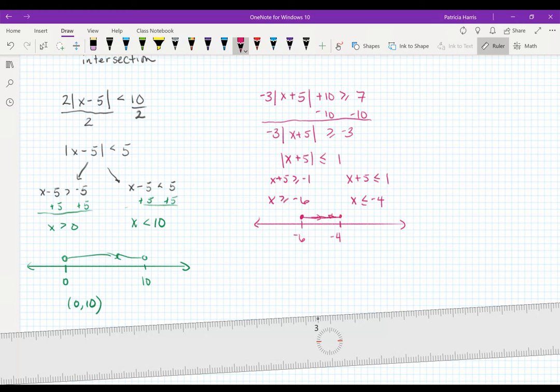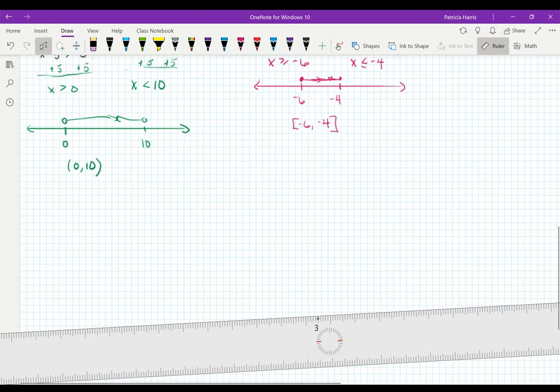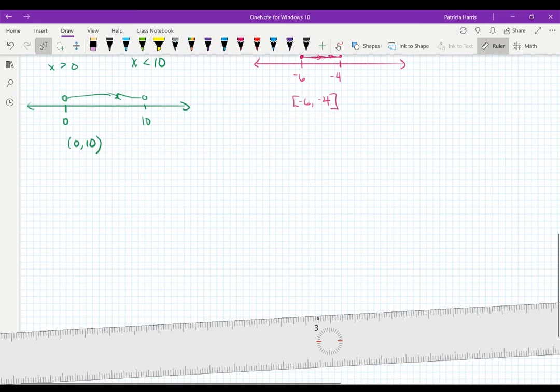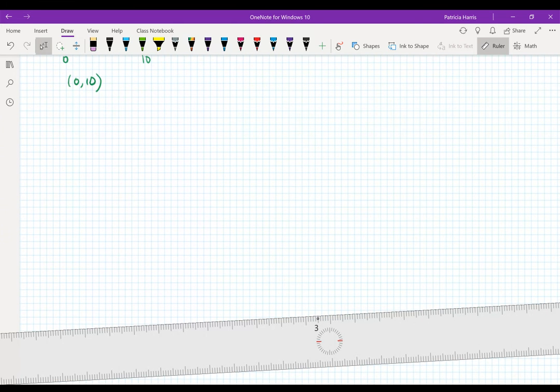Again, this is another and statement, so I can write my answer in inequality notation like this. All right, let's do one more. Great thing about videos is you can press pause. All right, let's do one more.